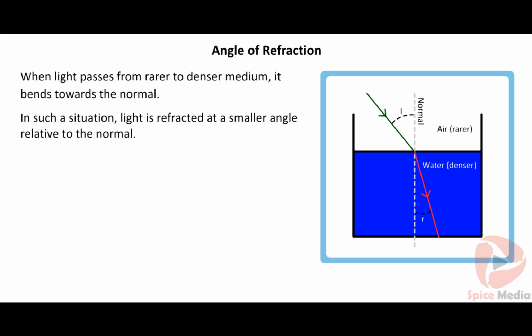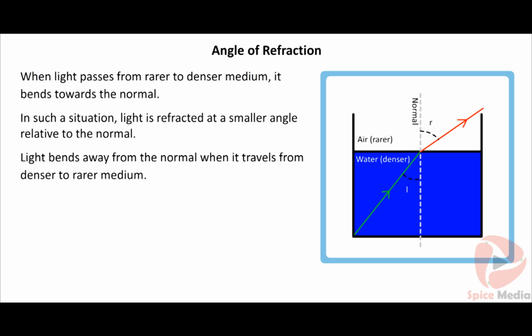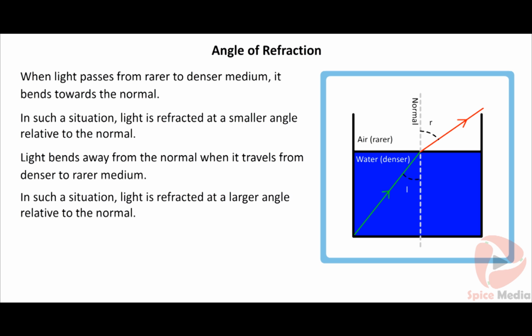The angle between the refracted light ray and the normal line is the angle of refraction. On the other hand, if the light travels from a denser medium to a rarer medium, it bends away from the normal line. The velocity of light increases when it travels from a denser medium to a rarer medium.